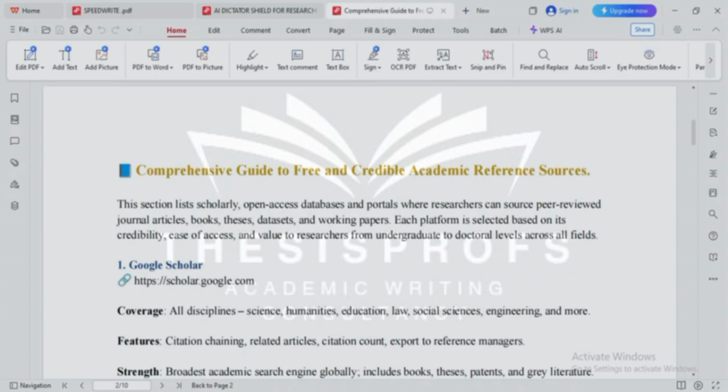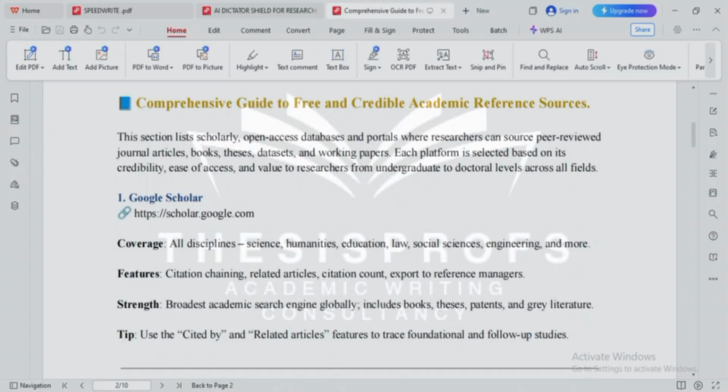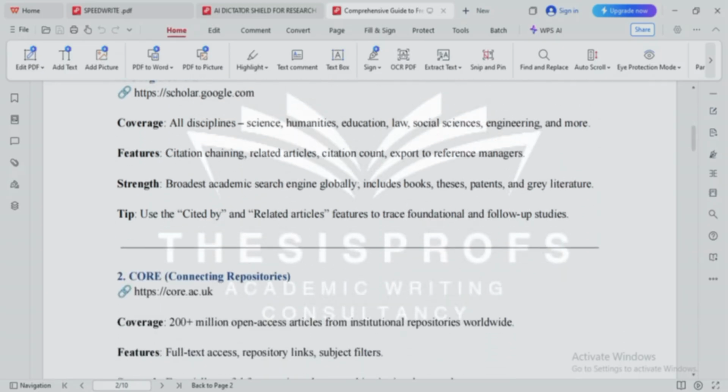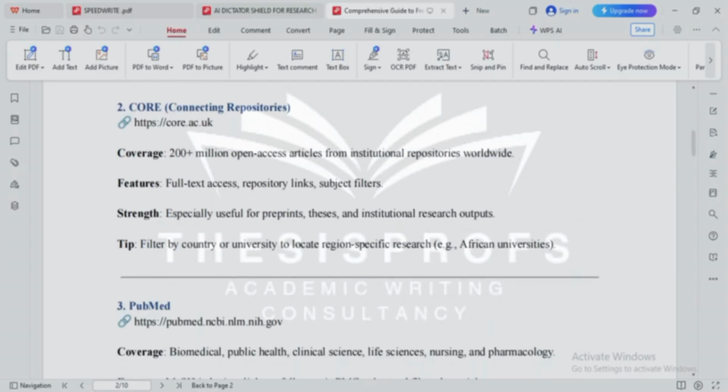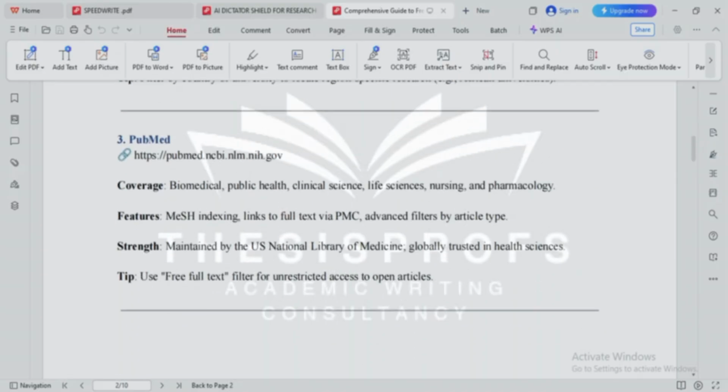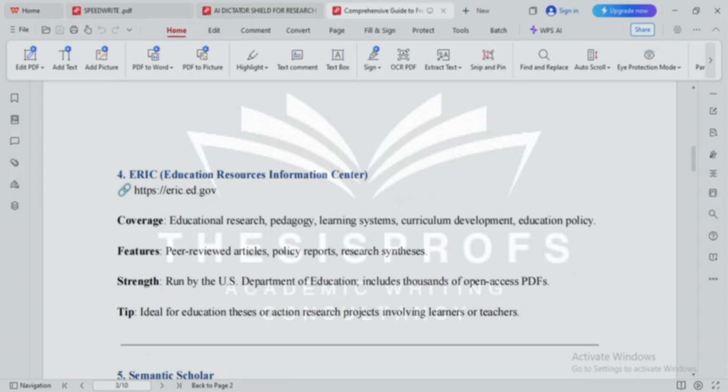We have put together sites where you can get articles, and they can also help reference your work. This is Google Scholar, this is Core, this is PubMed, and this is ERIC, the Education Resource Information Center.